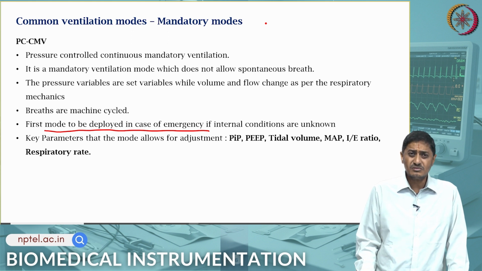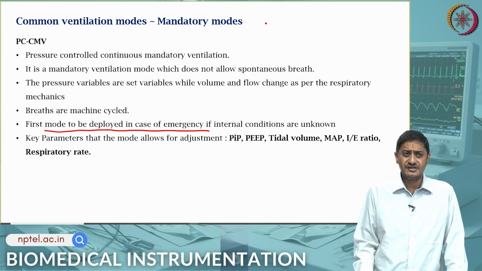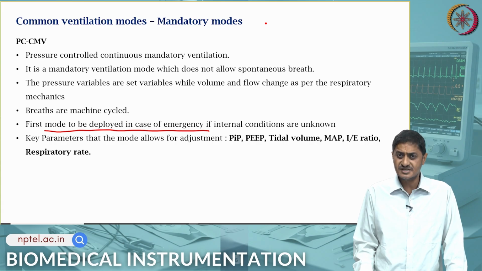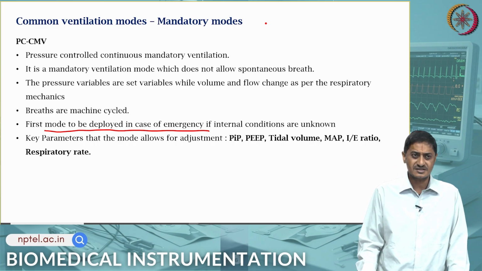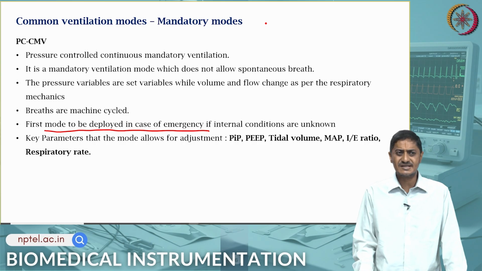It is a mandatory mode that does not allow spontaneous ventilation. Pressure variables are set because this is pressure control, while volume and flow change as per the system dynamics, respiratory physiological condition at that stage, pathophysiology at that stage, and breaths are completely machine cycled.